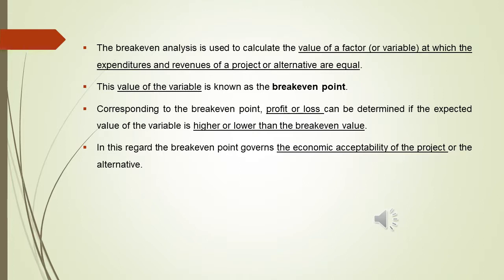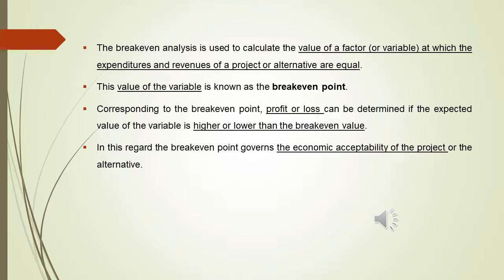The break-even analysis is used to calculate the value of a factor, or a variable, at which the expenditures and revenues of a project or alternative are equal. It's used to calculate the value of a variable at which these two things, expenditures and revenues, meet. This value of the variable is known as the break-even point.